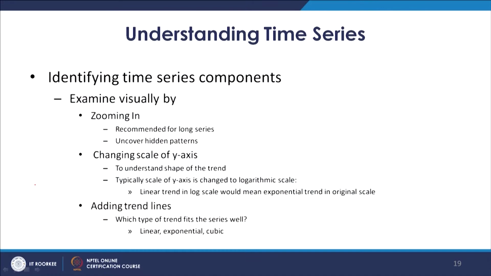So we can add these trend lines on top of the time plot, and we can visually analyze whether those trend lines are fitting the time series values, are fitting the data or not. That would also give us a sense of the kind of trend that is there in the series. So, adding trend lines can help us in identifying the trend of the series.